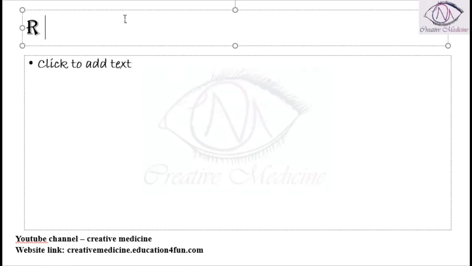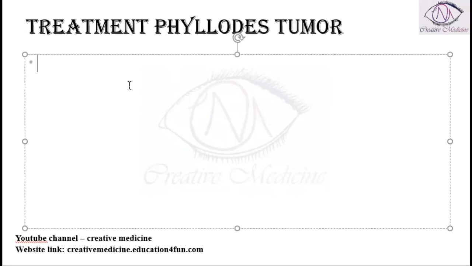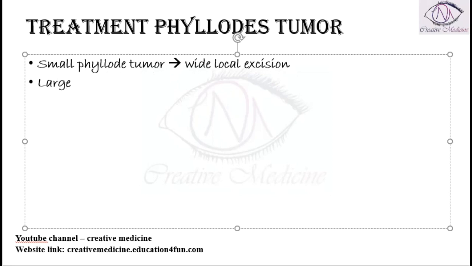Then, treatment of Phyllodes tumor. It depends upon the type and the size of the Phyllodes tumor. If it is a small Phyllodes tumor, we can do local excision. If it is a large Phyllodes tumor, then we have to do a mastectomy.